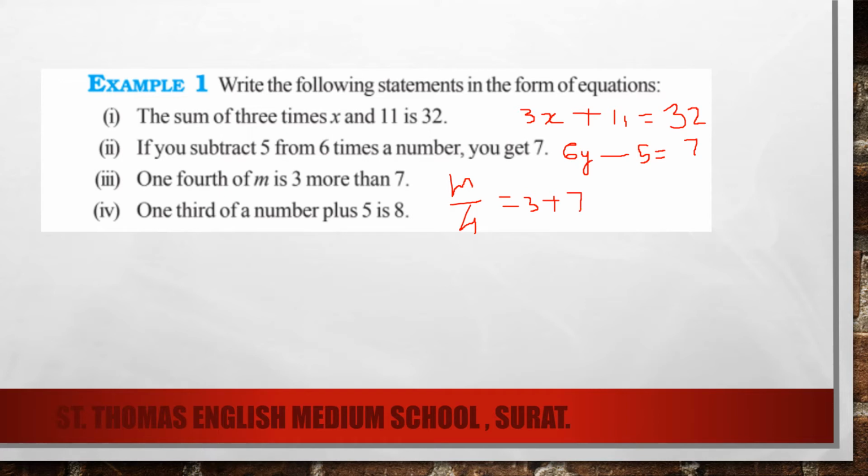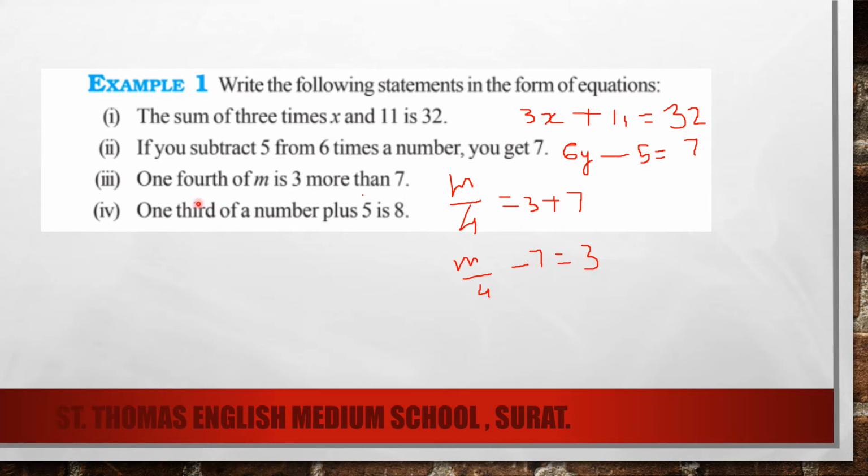So you have to write the equation like this: m by 4 is equal to 3 plus 7, the plus 7 comes here and becomes minus 7, so m by 4 minus 7 is equal to 3. It's clear, children? We want to make an equation, so you have to write like this: m by 4 minus 7 is equal to 3.